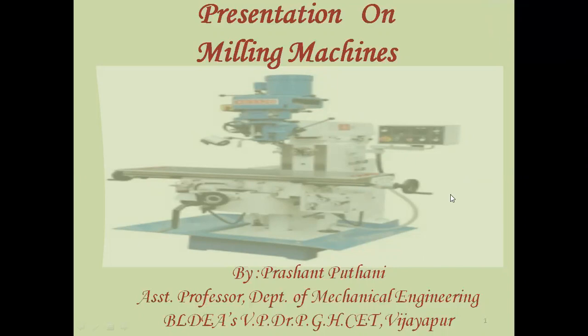As I was telling you, milling is also a manufacturing process, where we are removing the excess material from a given workpiece, using a multi-point cutting tool which rotates and removes the excess metal from the workpiece to get the desired product.